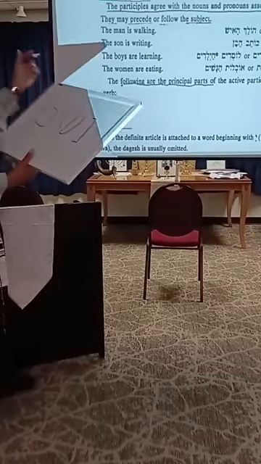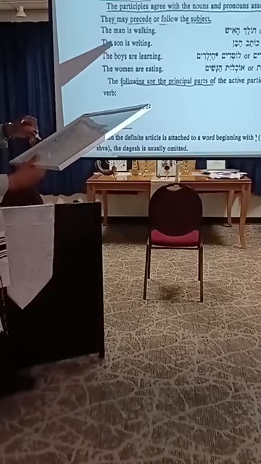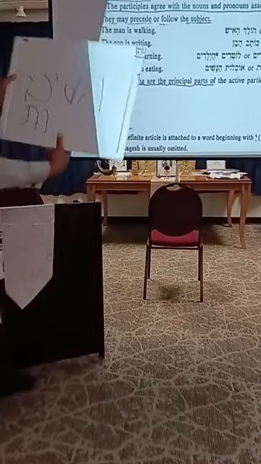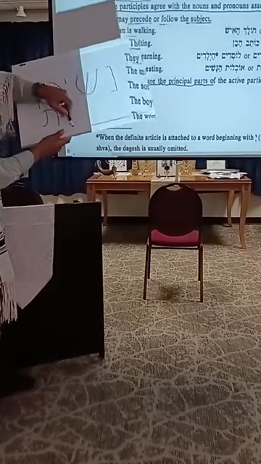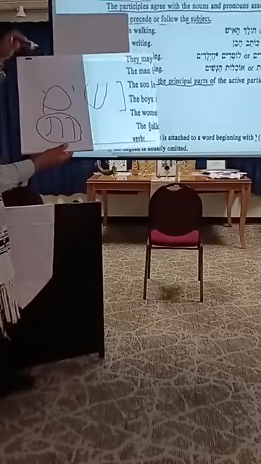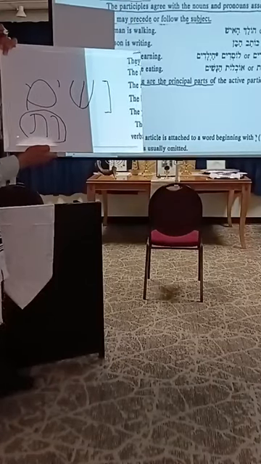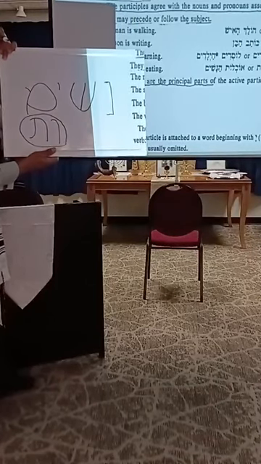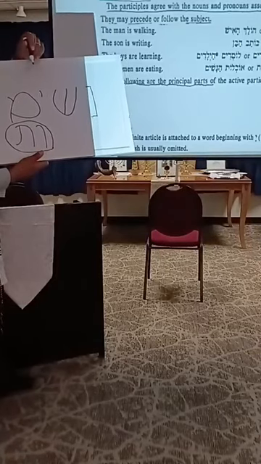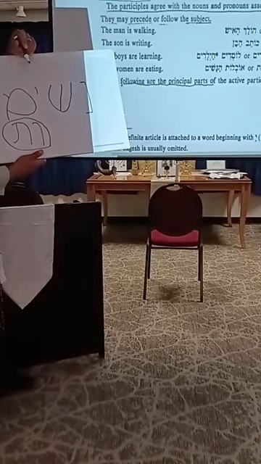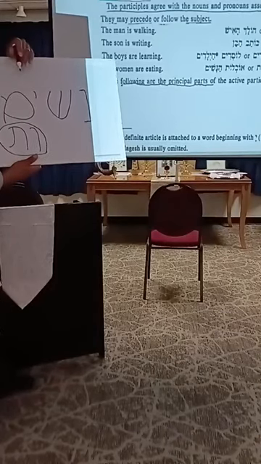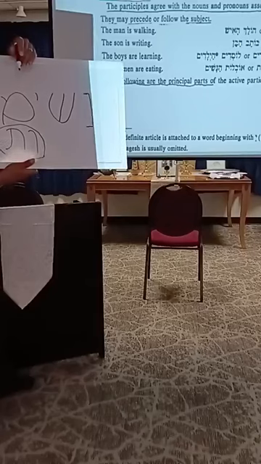Because normally you have the wav tav, which is this. This is the feminine right here, the wav tav. The wav tav is feminine plural. Okay. But for the word women, you have the im on the end. You have a masculine plural designation for women. So this is regarded as an irregular noun.